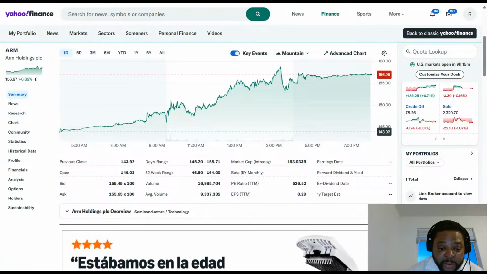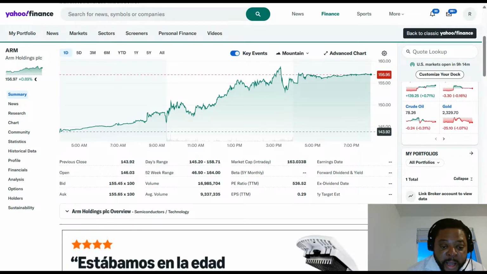This is 16 million. 16,985,704 people bought and sold this stock. Remember, the more buyers you have, the stock goes up. The more sellers you have, the stock goes down.